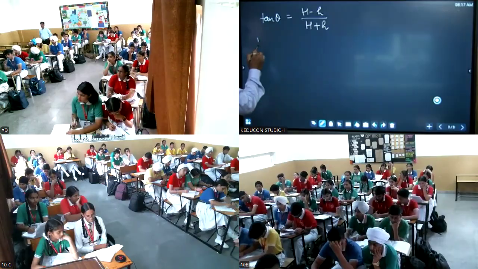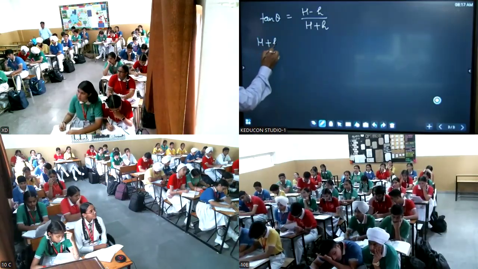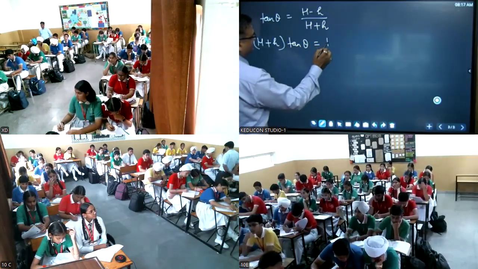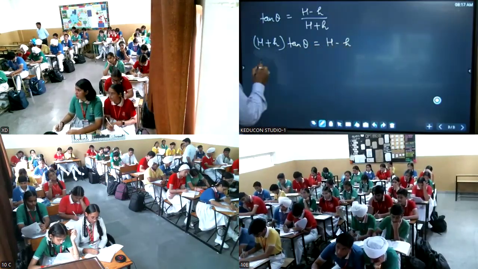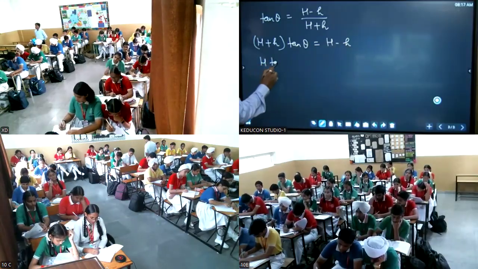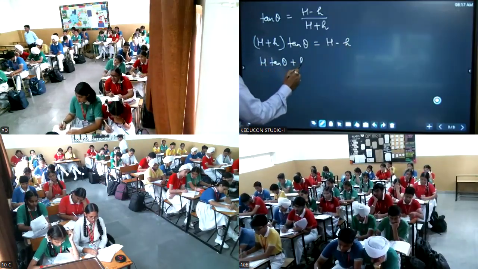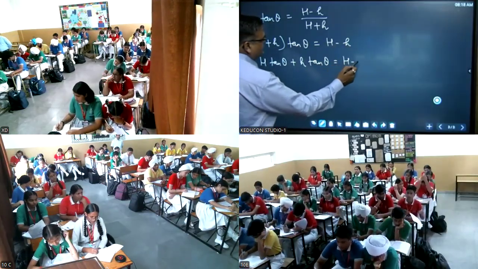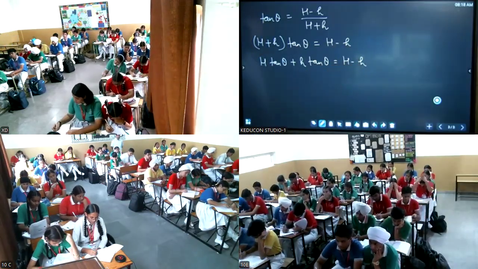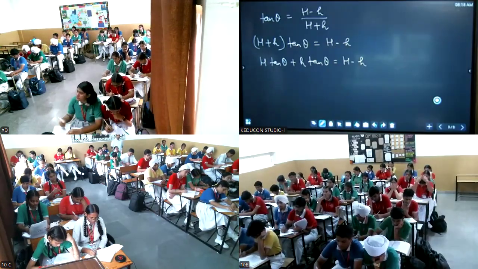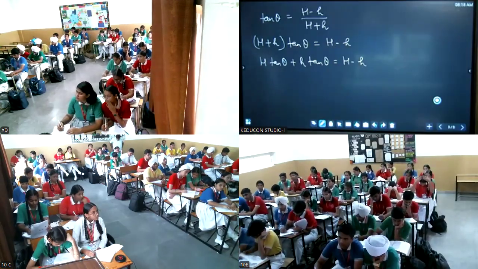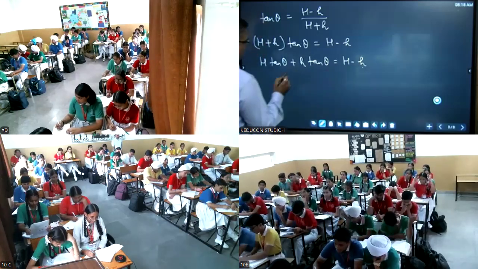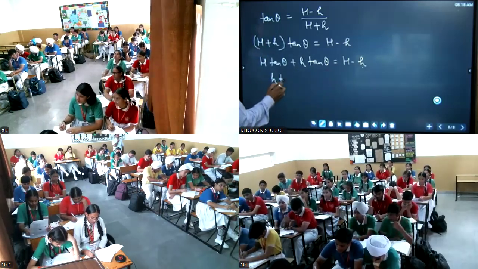When you simplify, cross multiply, H tan theta plus small h tan theta. Since we have to find the value of the capital H, we'll take the terms having capital H on one side and small h on the left side.